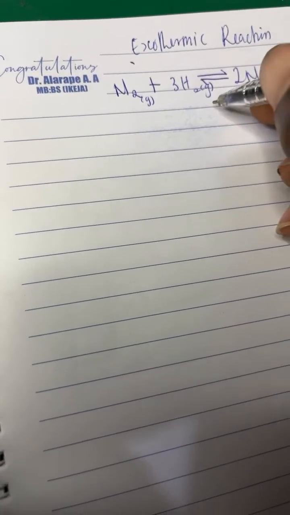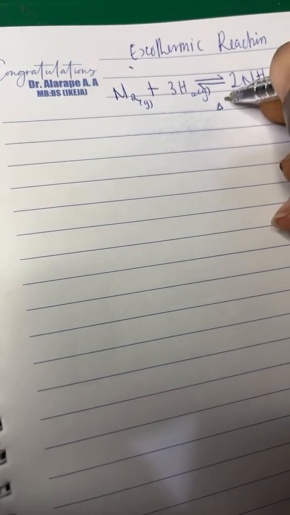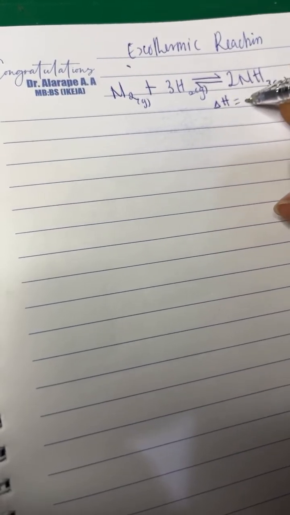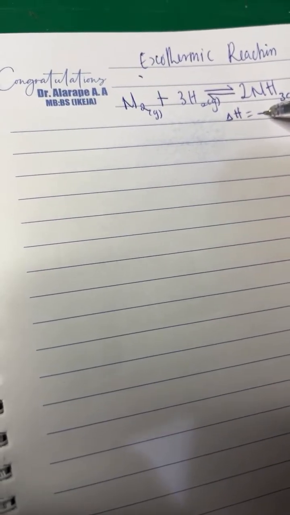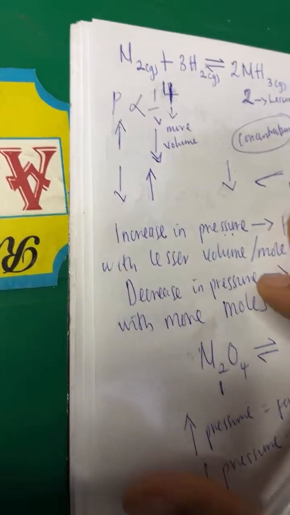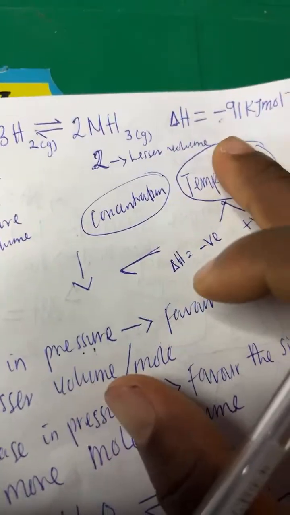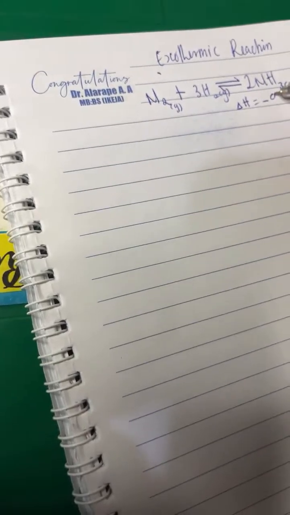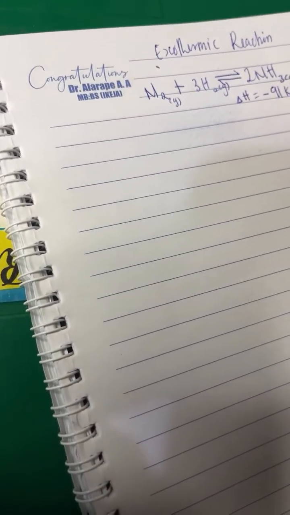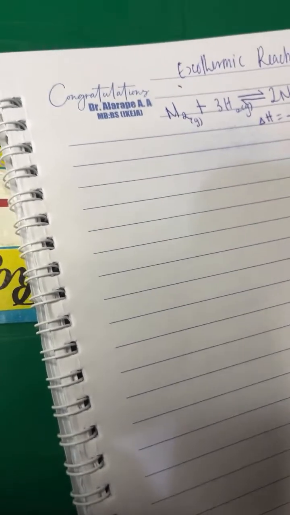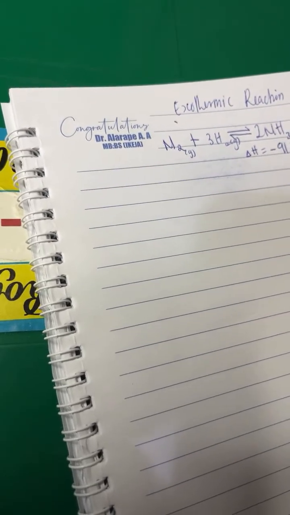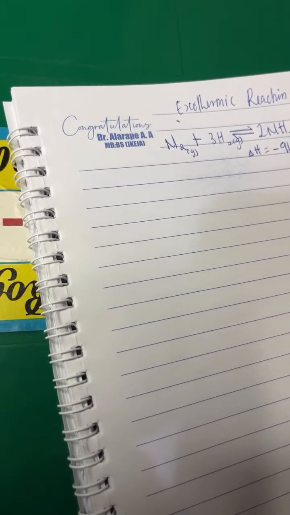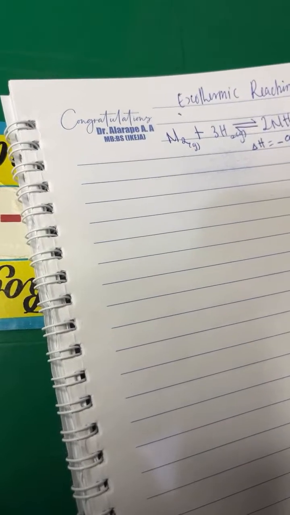And we know that delta H is negative. Delta H of ammonia in the Haber process is negative 91 kilojoule per mole.